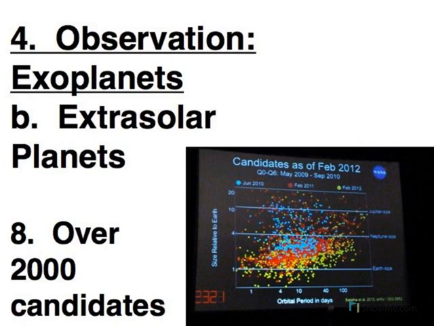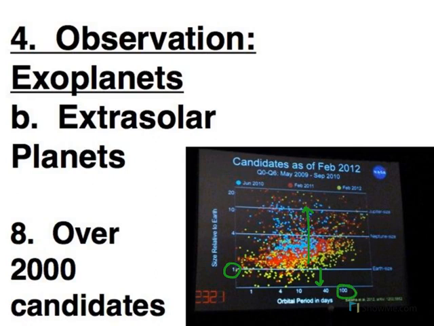And this graph is showing orbital period versus the size of the Earth. So this line right here is the size of the Earth. So we have candidates smaller than Earth, though certainly still a lot more that are bigger than Earth. But we're still looking at pretty short orbital periods, 100 days.